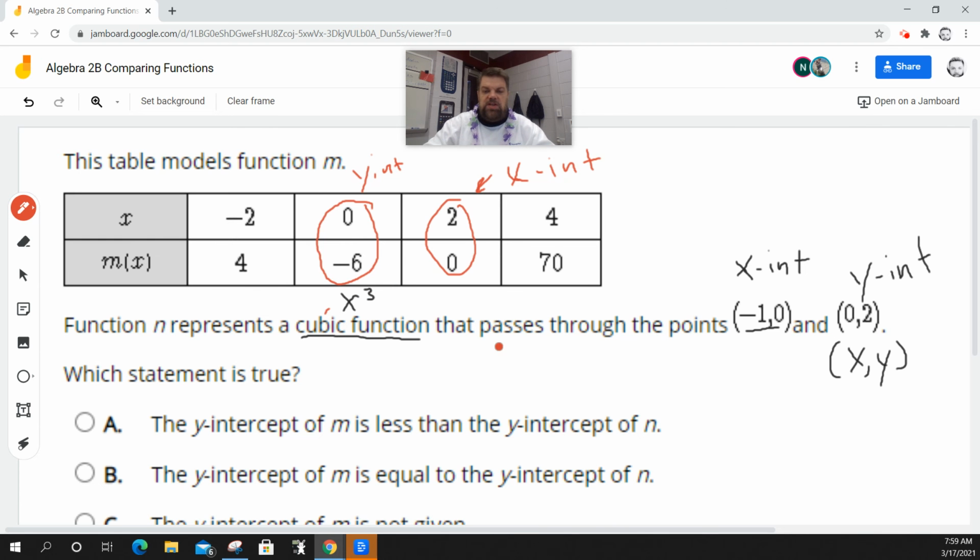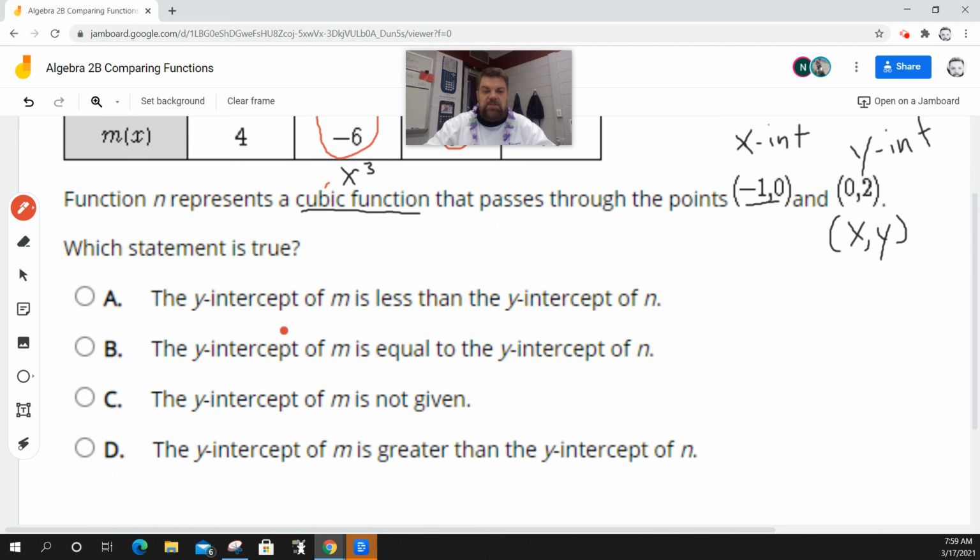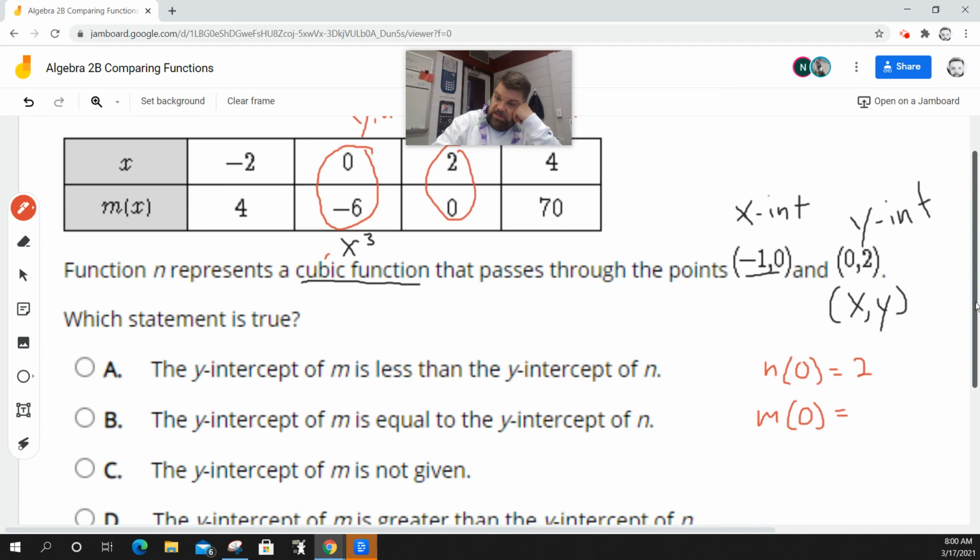All right, so now it says which statement is true. Well, it says that the y-intercept of m is less than the y-intercept of n. So what is the y-intercept of this one? Well, it's 2. So in other words, n of 0 is equal to 2, but m of 0 is equal to -6.